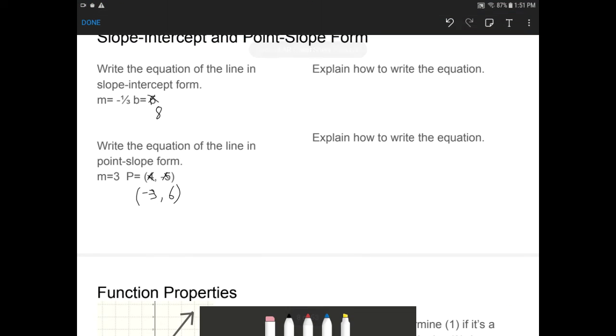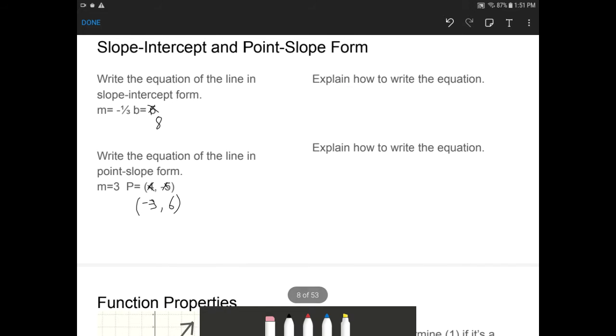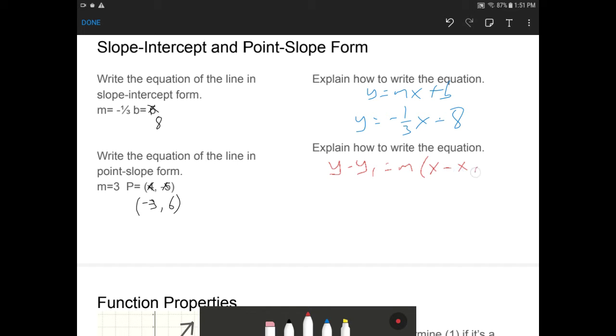For these equations, the form is y equals mx plus b, so it's y equals negative 1/3 x plus 8. Down here, it's y minus y1 equals m times x minus x1.